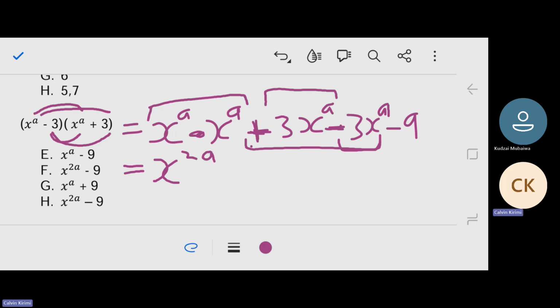Because this is the same as 3x to the power a minus 3x to the power a. What is the answer? Is it x to the power of 2a? What is 1 minus 1? 0. Yes. So those two terms are the same.